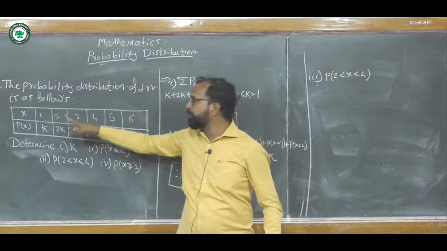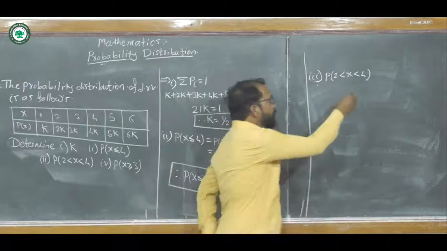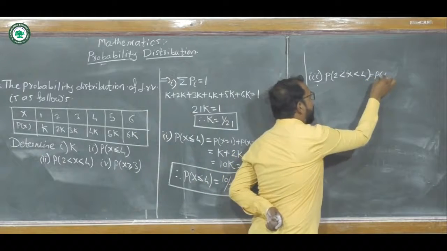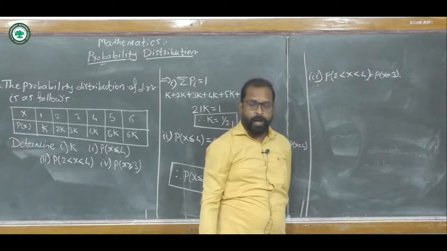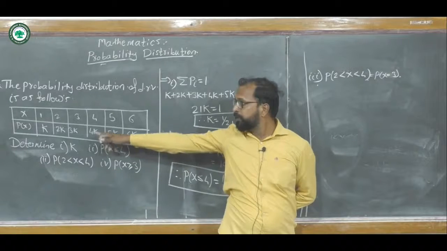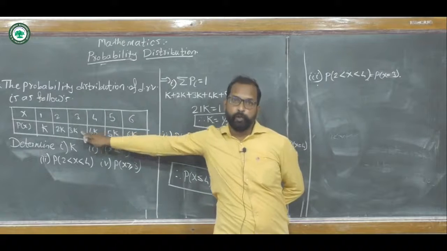That is, we have to find the probability when x equals 3. So this is equal to the probability when x equals 3, and the value for it is given to be 3k only.